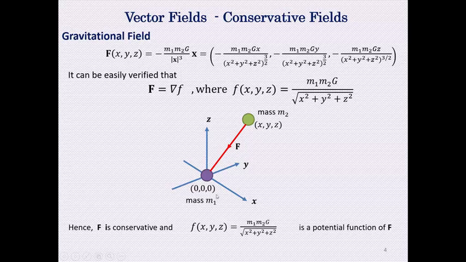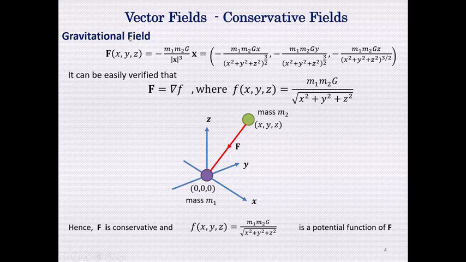According to Newton's law, the force has a formula given by this expression. m1, m2 are the masses. Capital G is known as the gravitational constant. And x will be the position vector of one of the masses. In this setting, the mass m1 is positioned at the origin, and we are looking at the force acting on the mass m2.